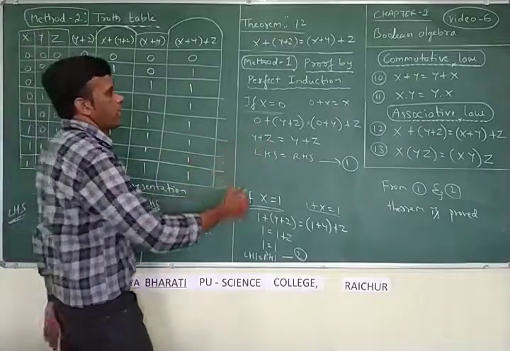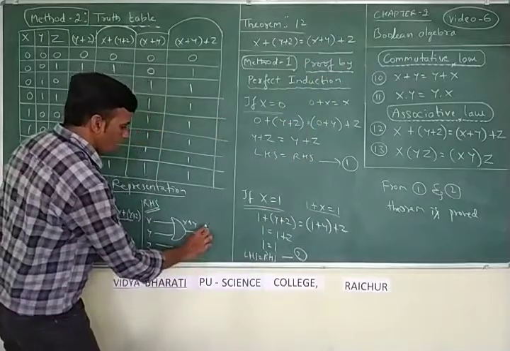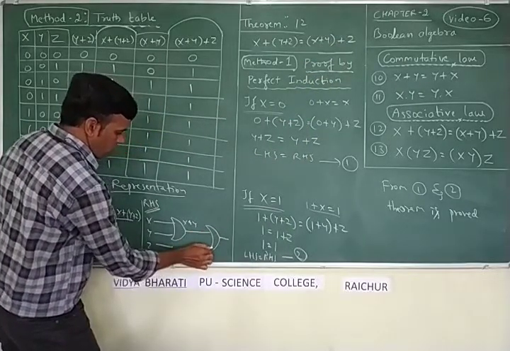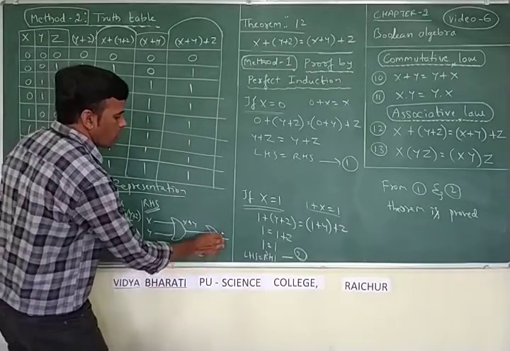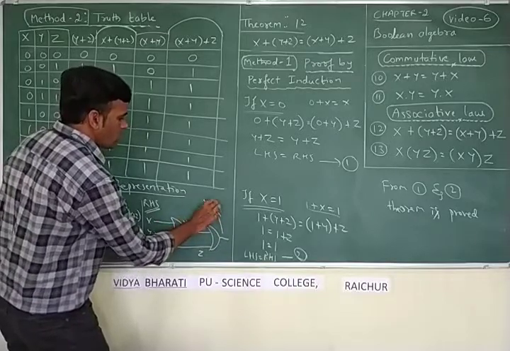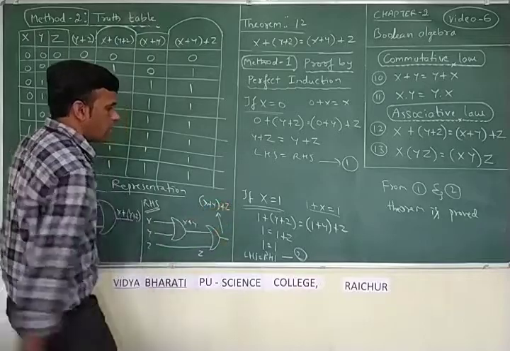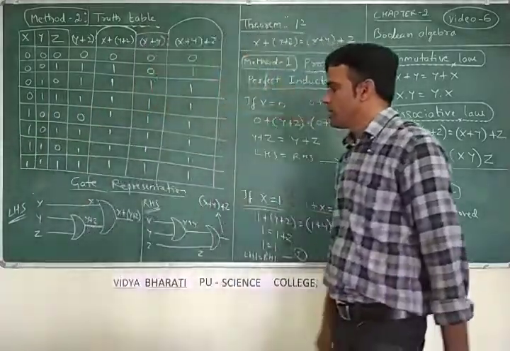For the next level gate, this value is ORed with z. OR means it's an OR gate. For this, the other input is z. So x plus y on one side, the OR gate, and z on the other side. This is the circuit construction for the given theorem.